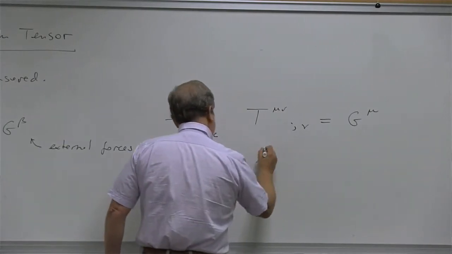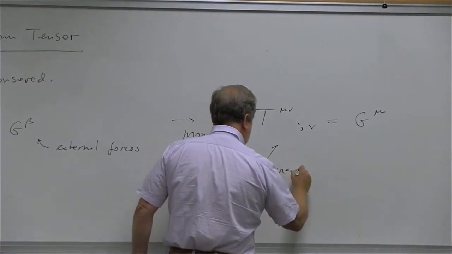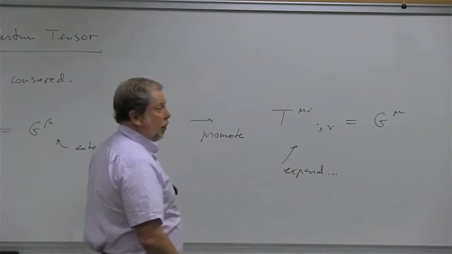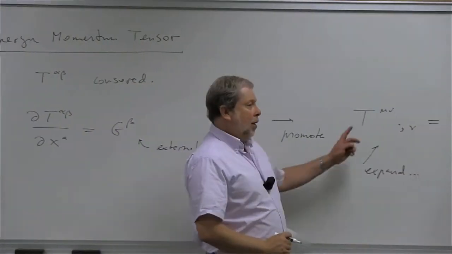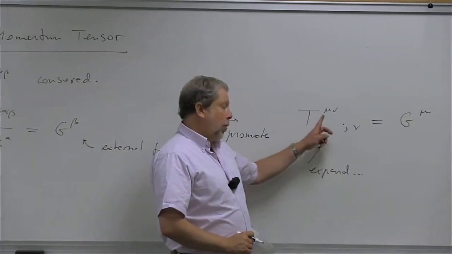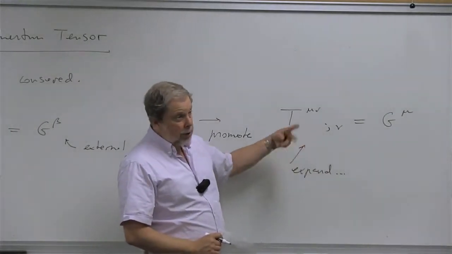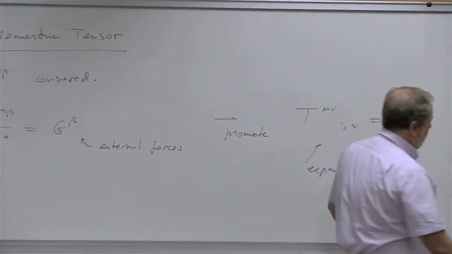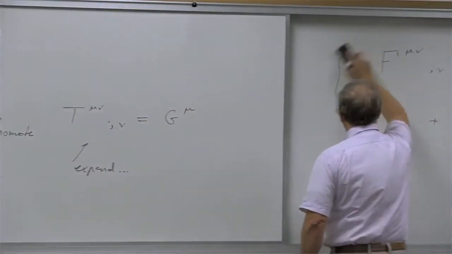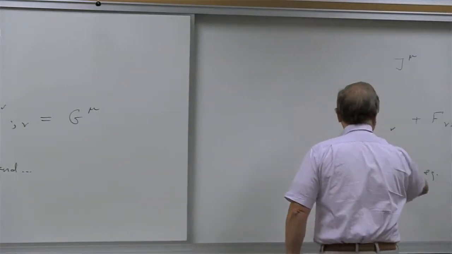And, well, this can be expanded out, because we do know that when you take a covariant derivative, you get affine connection terms. We also know that when you get a divergence, things simplify a little bit. So let me write out the expanded form for that.